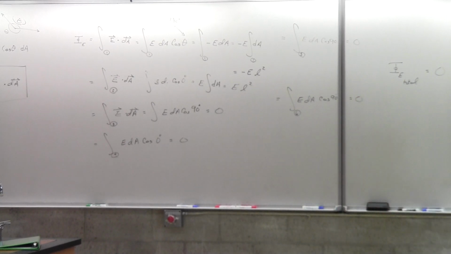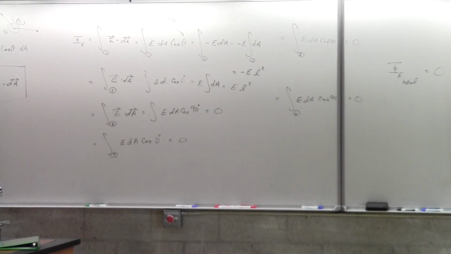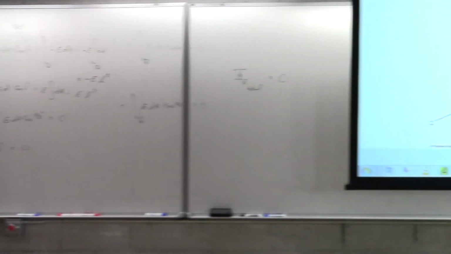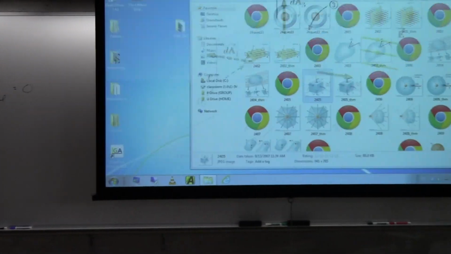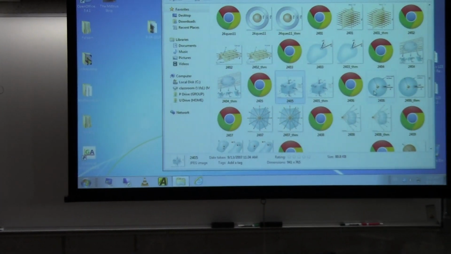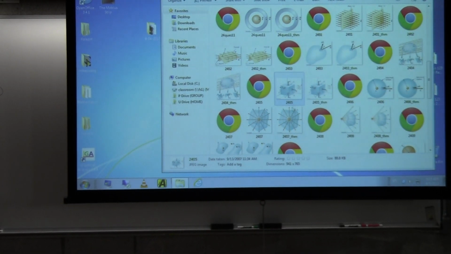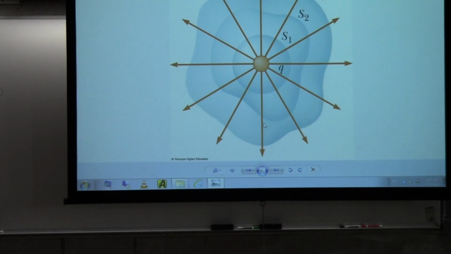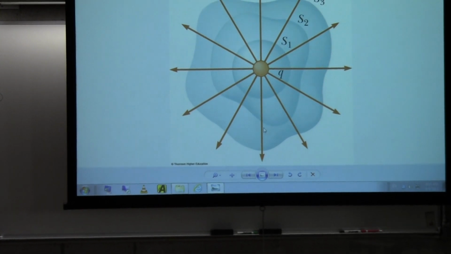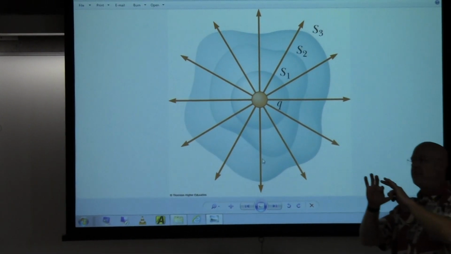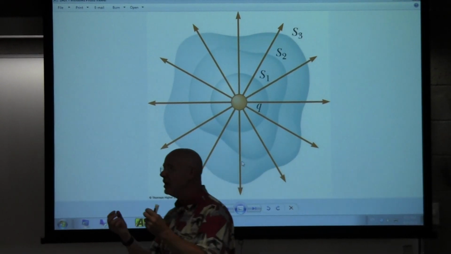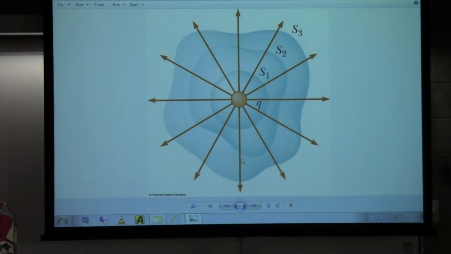Right. And this was Gauss's brilliance, and you guys are just as smart, obviously. Right? You are realizing that the only way the flux would not be 0 if you had a completely enclosed surface is if there was some charge inside.